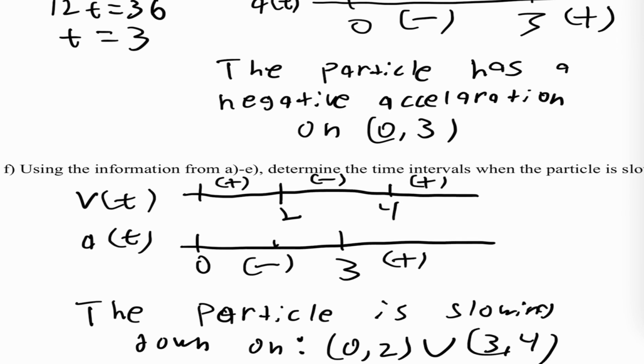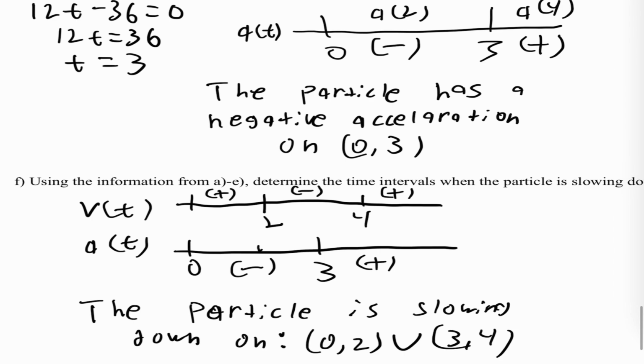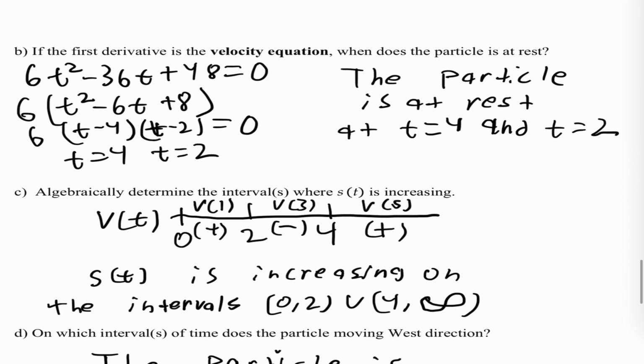And we know this because based off of our signs, if we have the same signs, then that means it's speeding up. If we have different signs, then it's slowing down. So the particle is slowing down on 0 to 2 and 3 to 4. And with that, those are the answers for these questions.